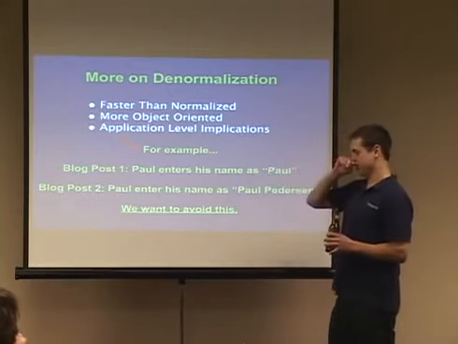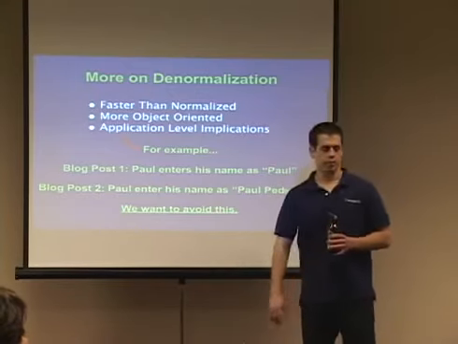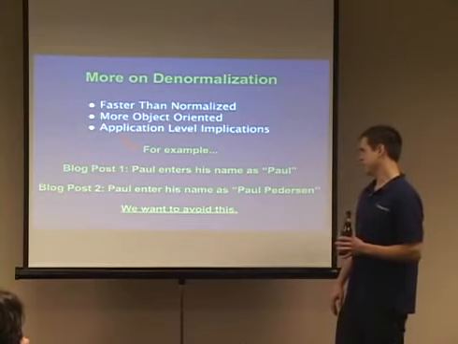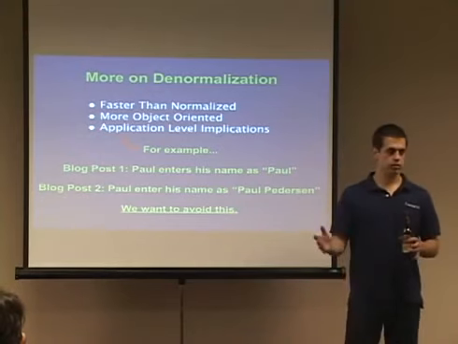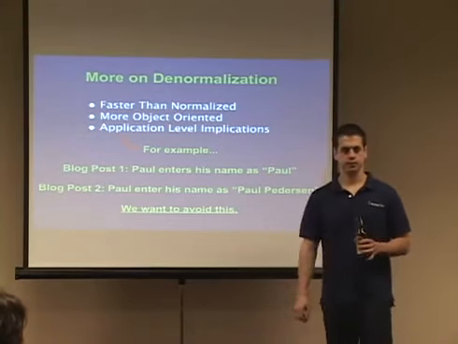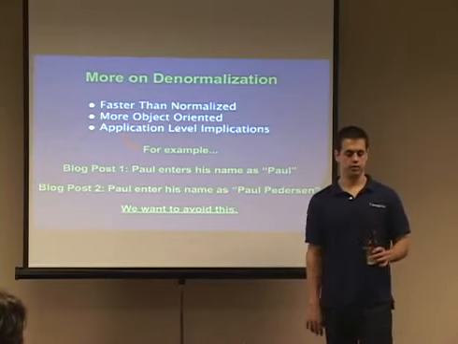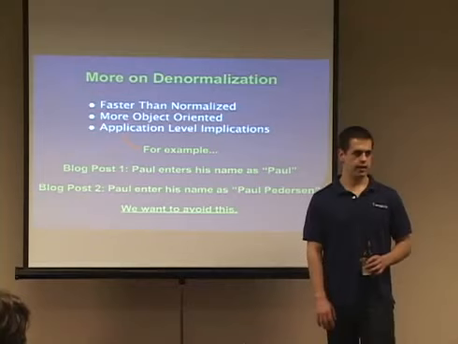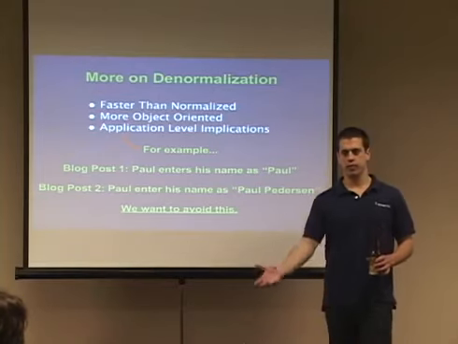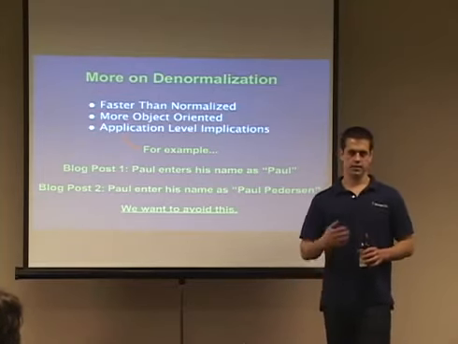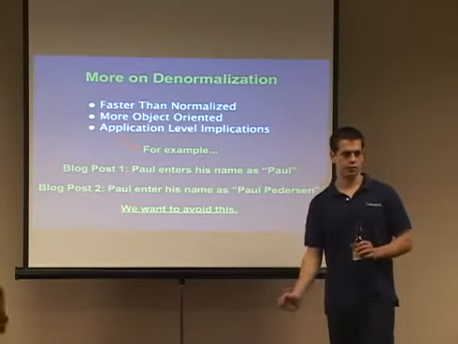But there are application level implications, and the best one basically is Paul writes his blog post, and one time he just tries to write his name Paul instead. So keep in mind from an application level that that's not as simple as changing one value in a relational database.